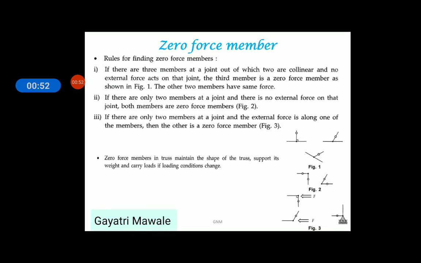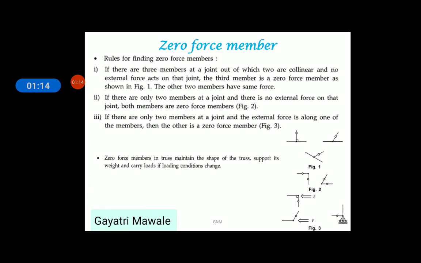If there are three members at a joint, out of which two are collinear and no external force acts on that joint, then the third member is a zero force member. As shown in figure 1, the other two members have the same forces.